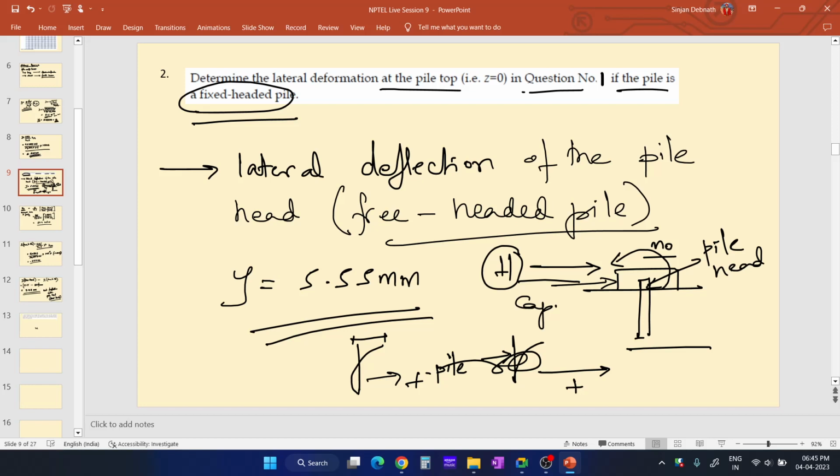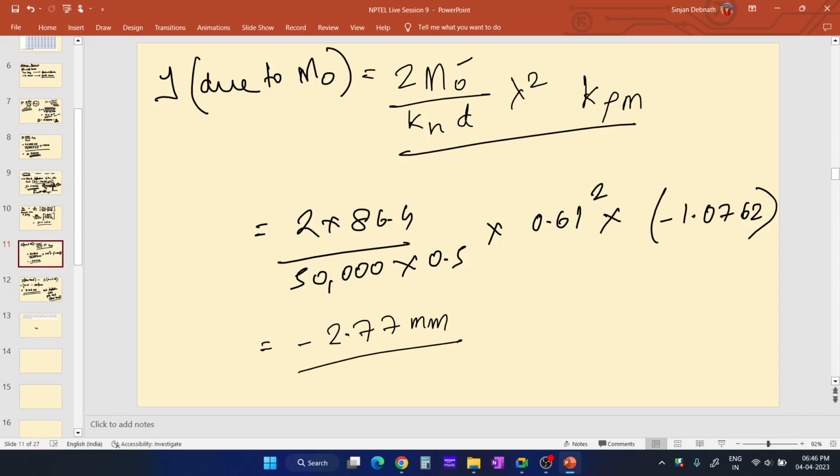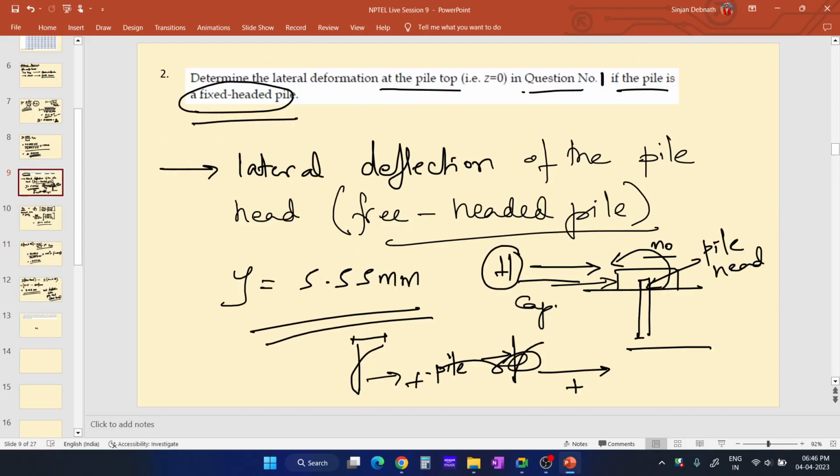Okay, it is 5.55 millimeter positive, and you see the counteracting moment. This deflection will be counteracted by a counteracting moment in case of a fixed headed pile.